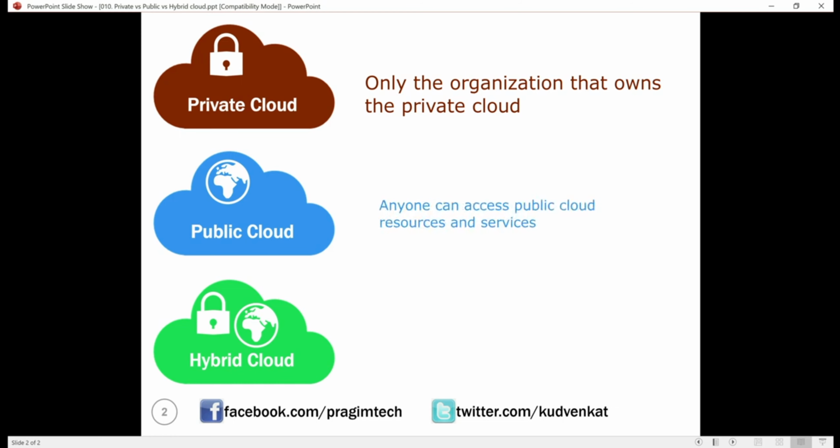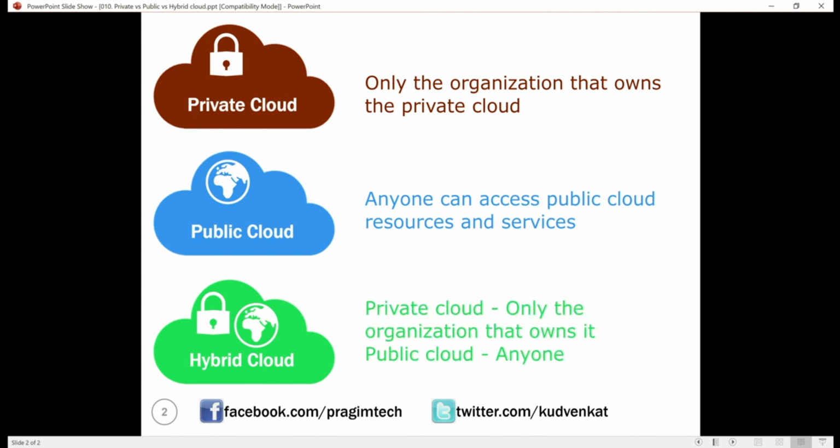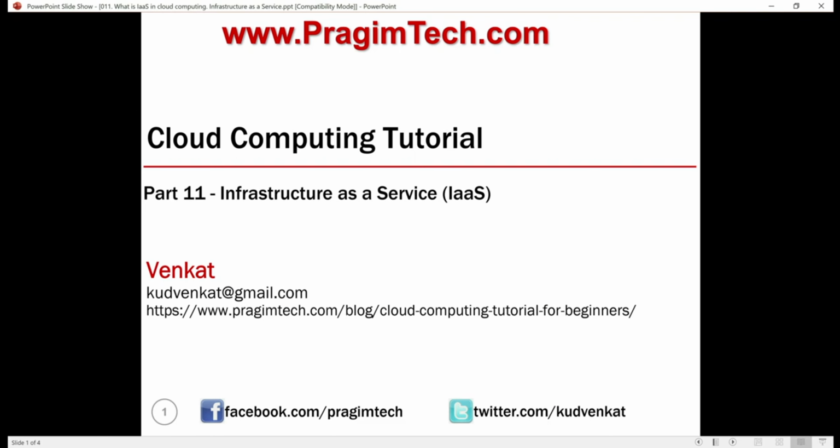A public cloud is exposed to the public, so anyone can access its resources and services. Private cloud services can be accessed only by the organization that owns it, whereas public cloud services can be accessed by anyone.